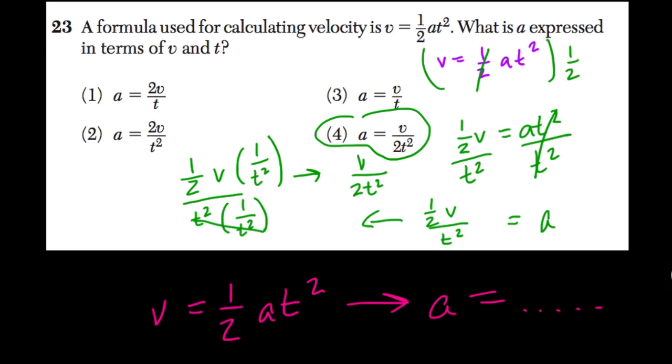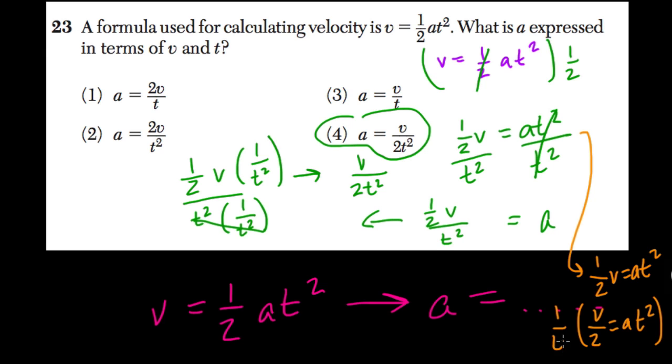And perhaps you don't like that way I did it right there. So going back to this step, right, where I divided both sides by t squared, I can also think of it as this. Let me rewrite this. 2v equals at squared. And now what I can do is multiply both sides by 1 over t squared, right?